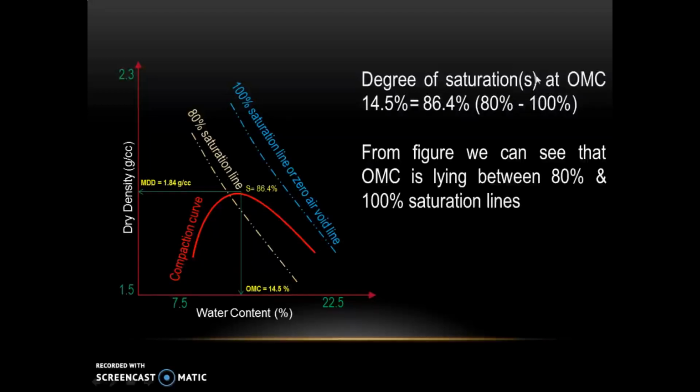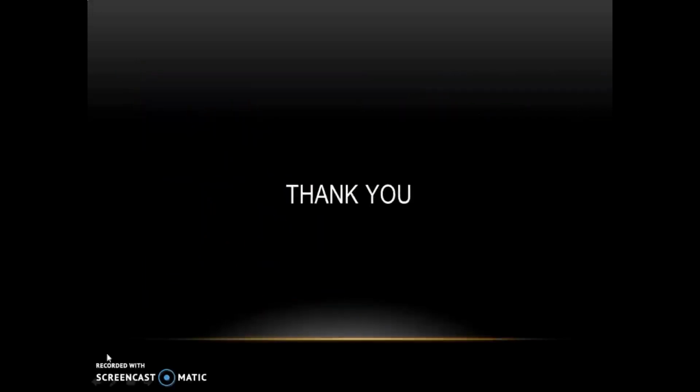The degree of saturation S at OMC 14.5 we got as 86.4%, which lies in between 80% and 100%. So from the figure also we can see that OMC is lying between the 80% and 100% saturation lines. Thank you.